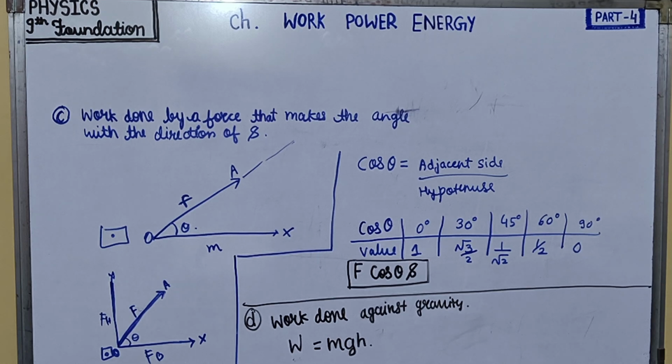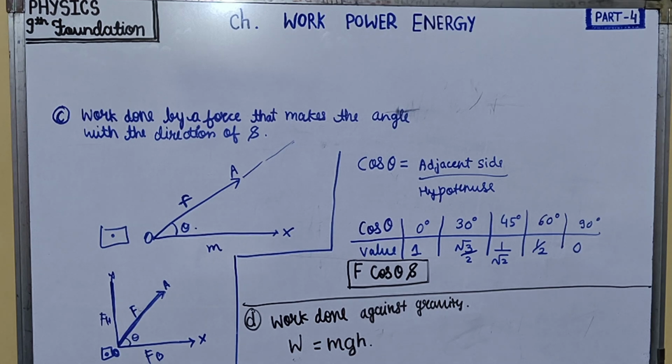It is possible that when you do work on a body, the body does work on you. Take the case of a weightlifter lifting the weight. When he applies a force on the weight, a reaction force by the weight acts on the hand as per Newton's third law.